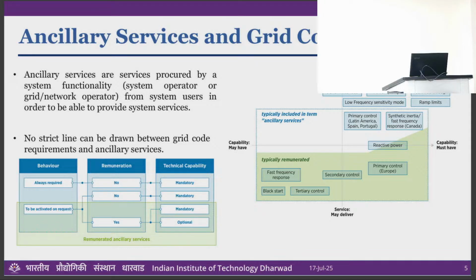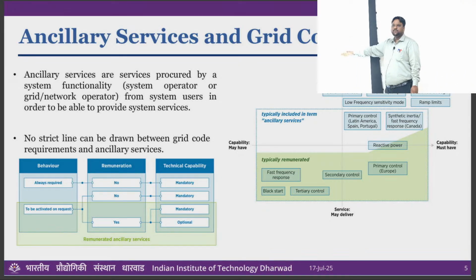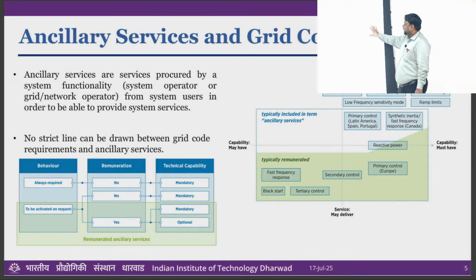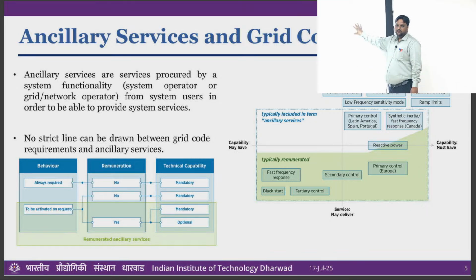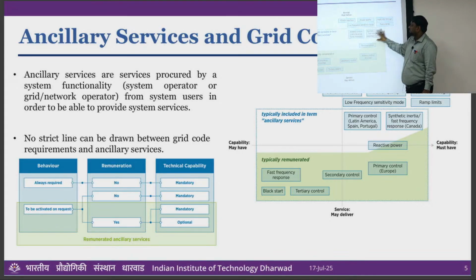The negative side towards that is more it might have or may have. Okay. Similarly, service it must deliver on the y axis, service it might deliver in the negative y axis. So, you can see my first quadrant is more important, because here you have a must-have capability and must provide service. So, what are those?